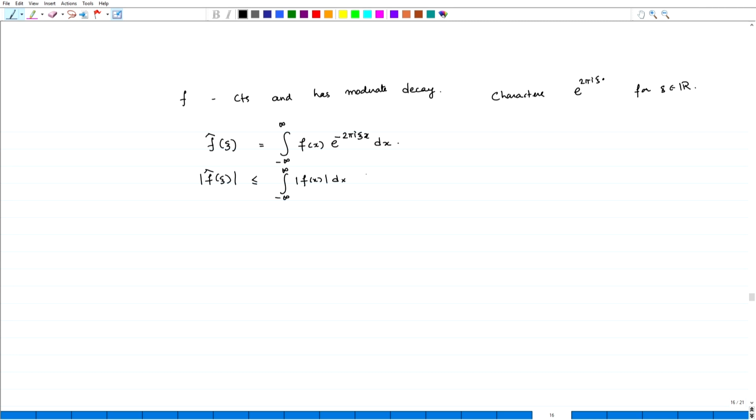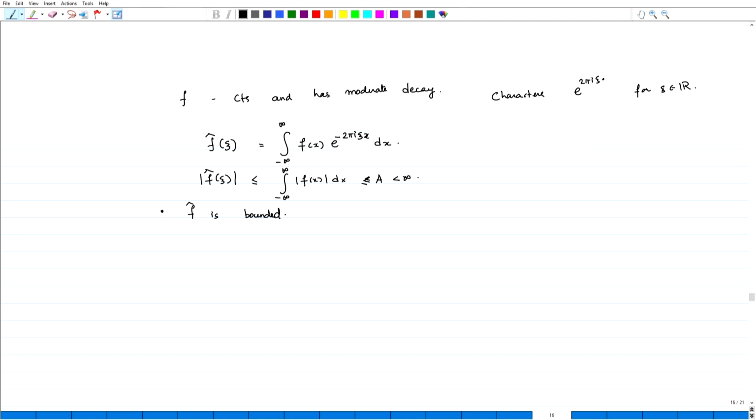Now, this we know is a finite number, less than or equal to some constant A, which is less than infinity. Therefore, the first observation for us is that f hat is bounded.